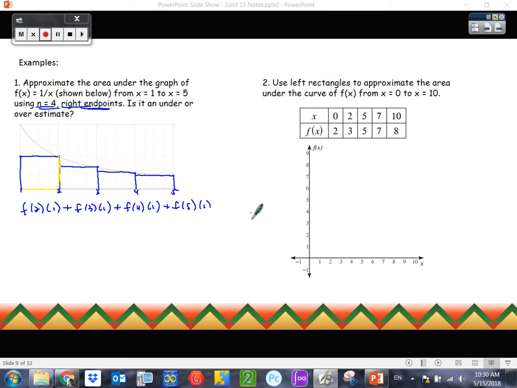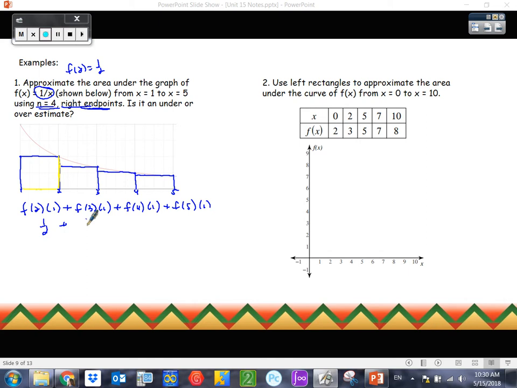Once we finish the products and the sums, we could go straight to the answer if we had a calculator. That'd be fine. We don't have a calculator right now, so we're just going to do them one at a time. I would take the 2 and substitute it in here. So f of 2 is 1 over 2, and 1 over 2 times 1 is 1 over 2. Do we see where we get these function values from? I'm just going back to the function and plugging in a 3.